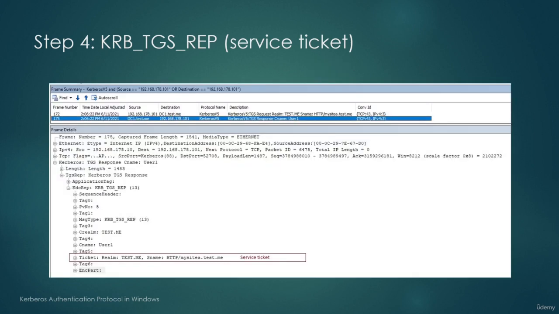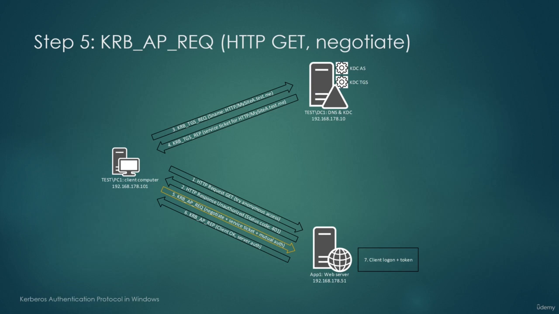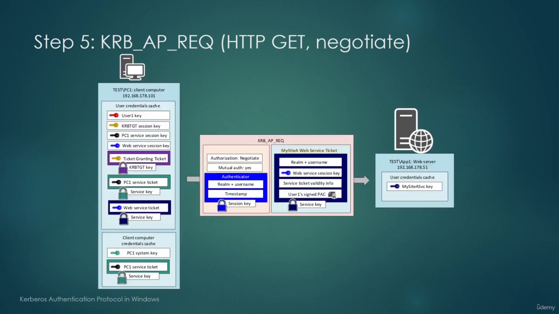Here is the TGS response in Network Monitor, and we see the service ticket is included. Now the client sends an application authentication request, including the service ticket, to App1 web server.